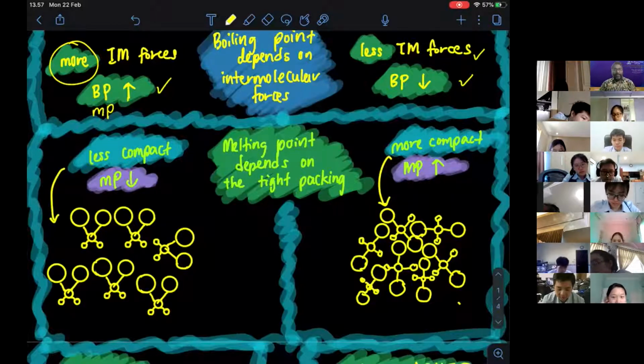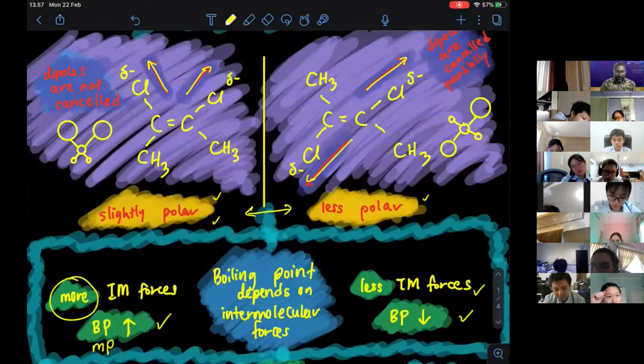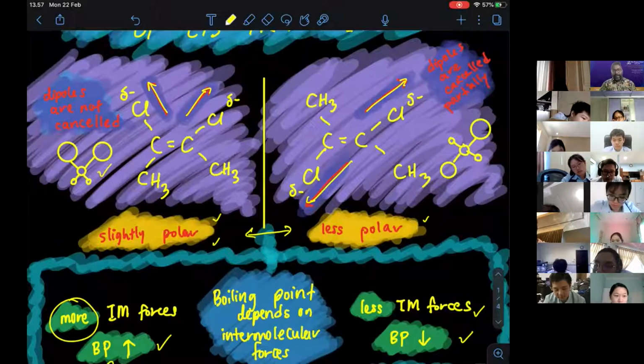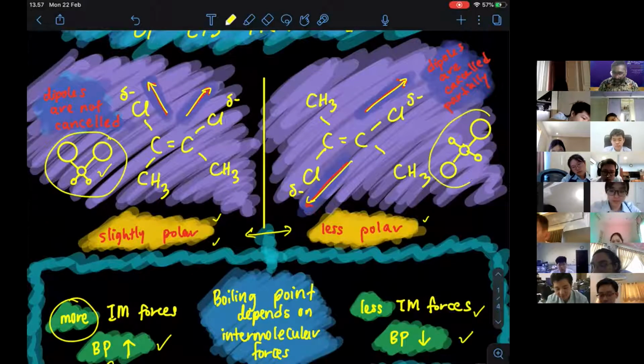So we need to look at whether they are compactly packed or loosely packed. If I try to represent this molecule in this manner, assuming Cl is bigger than CH3, I draw it in this kind of diagram, and I'm going to draw trans in this way.